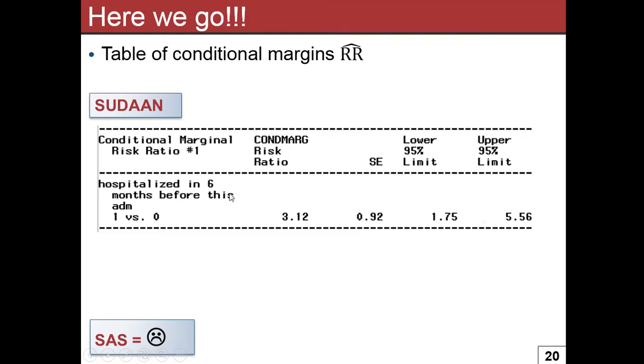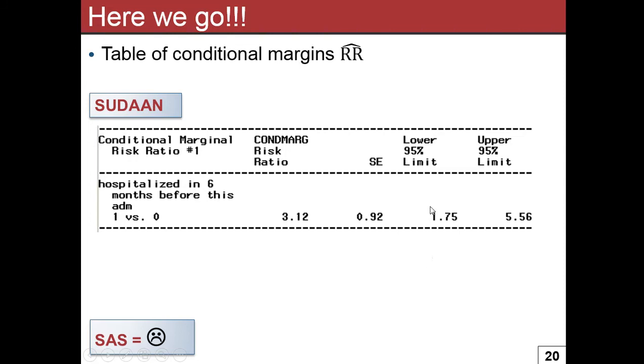So this is the holy grail. We wanted a risk ratio and the confidence interval for it. This is exactly the 3.12 we saw earlier that we manually computed, but this was not present. So now we get a risk ratio and its confidence interval from SAS / Sudan. Sudan called inside of SAS.